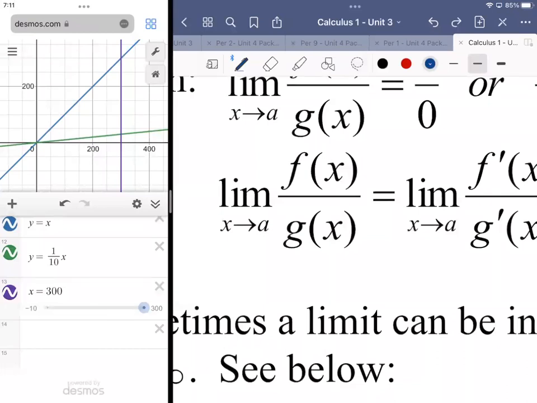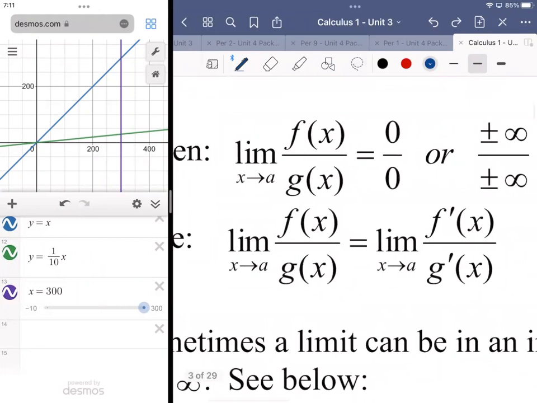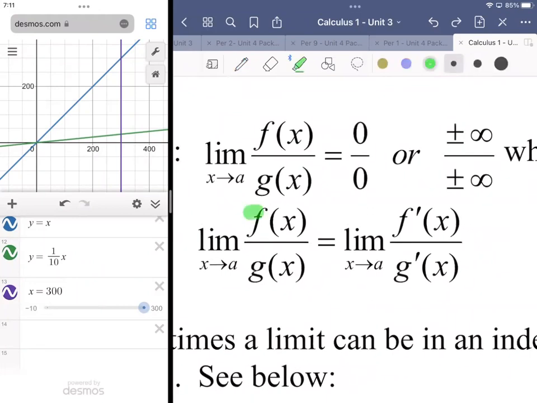If you have a limit that produces a result that's an indeterminate form, what you can do is find the derivative of the numerator of that function or that relation or rational expression, whatever, and divide it by the derivative of the denominator of that expression, and then reapply the limit. Right? It's strange because when you see a quotient, you tend to think quotient rule.